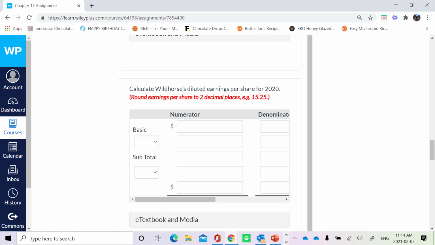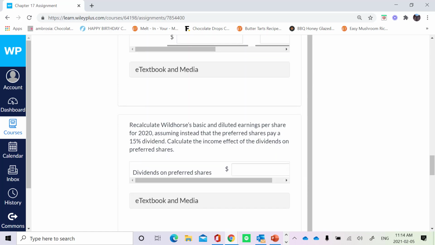And if that subtotal is still a higher EPS than the next security, then I will roll that security in as well. If I do the subtotal and my EPS is already lower than the next security by itself, then I know that security is anti-dilutive and I wouldn't include it. Now in this example, they are both dilutive, so you'll have to walk through them both, and you just do it in order of most dilutive to least.